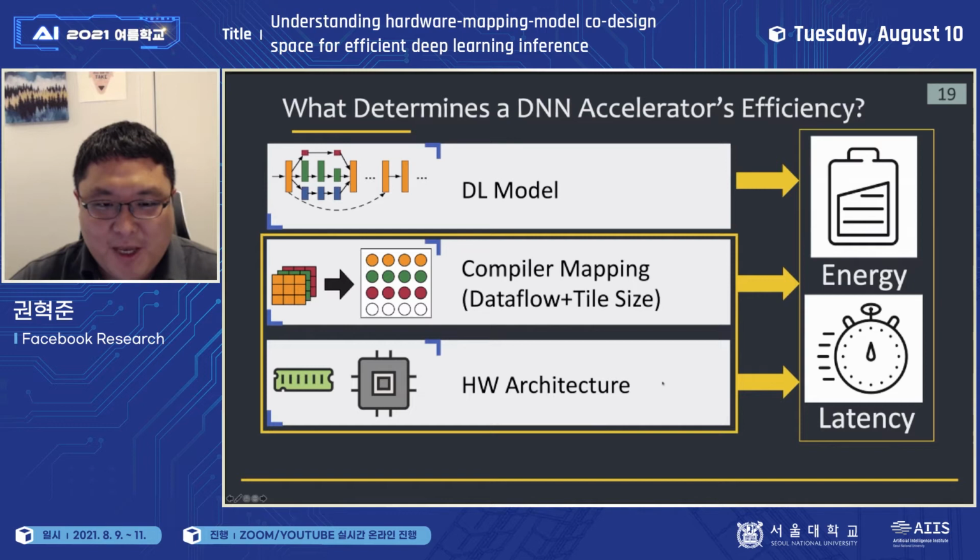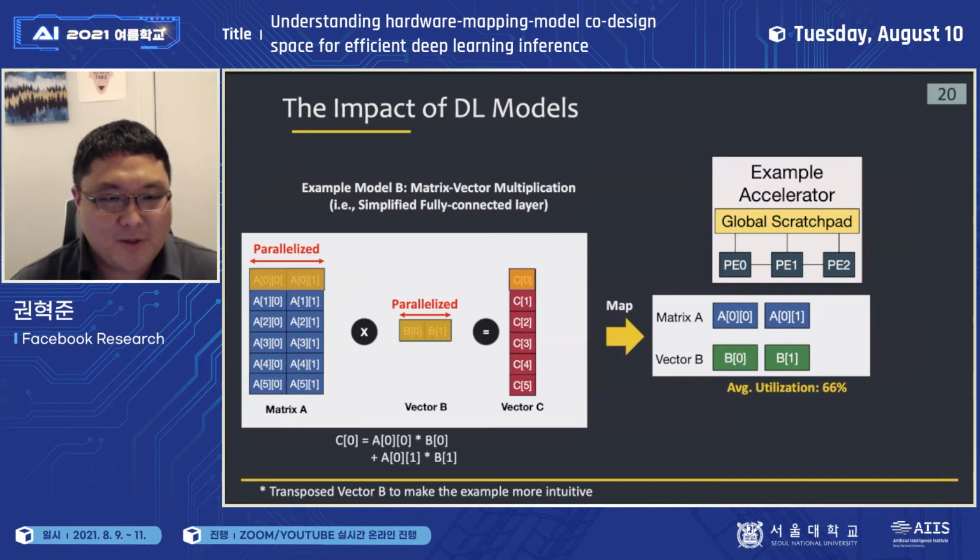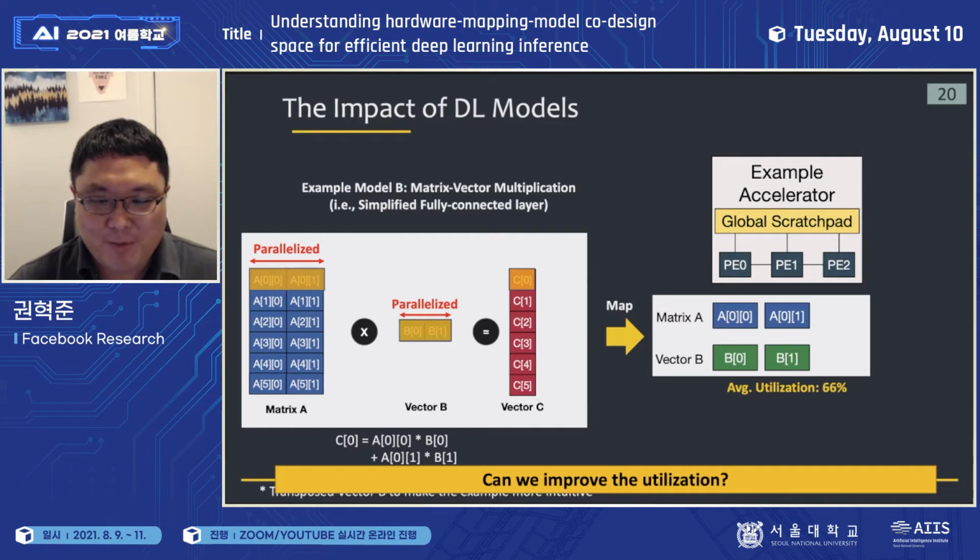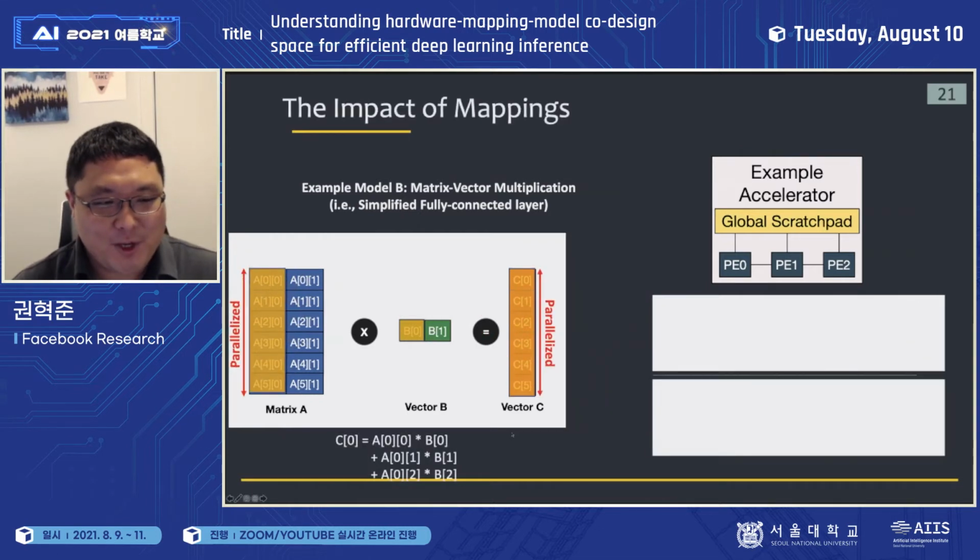And let me discuss the impact of the mapping and hardware architecture on energy and latency next. This is the same example as the previous one, but the question is, can you improve the utilization here without changing the hardware? The answer is, of course, yes, by changing the mapping strategy like this.